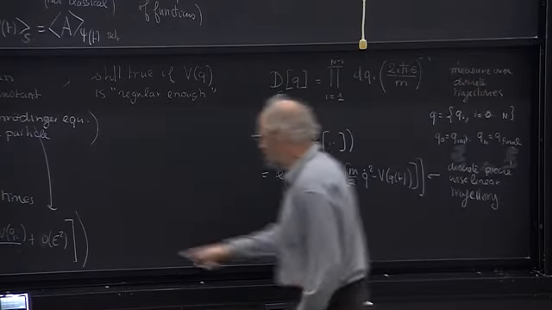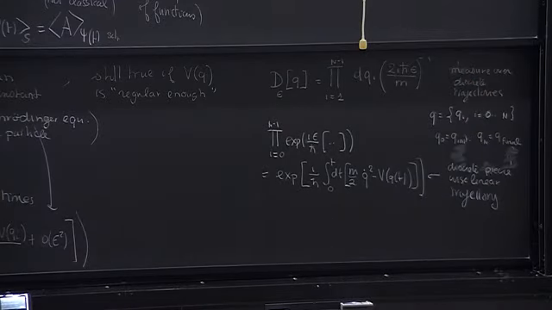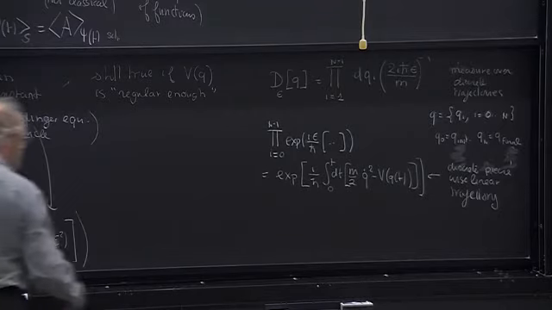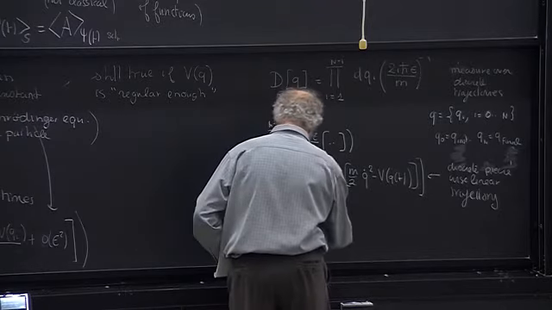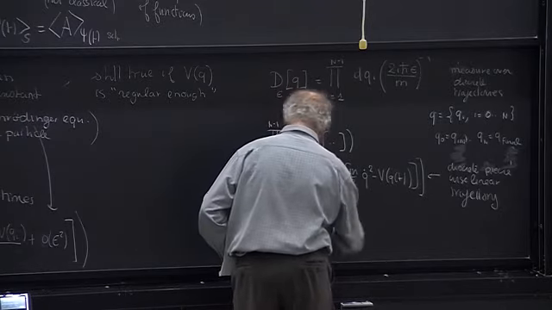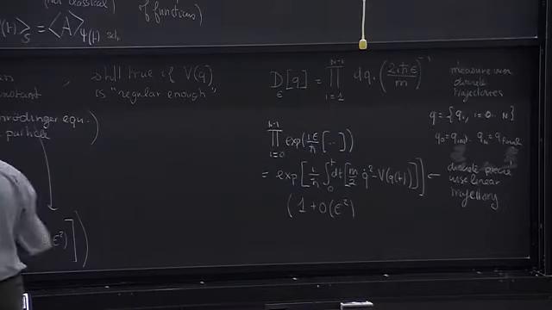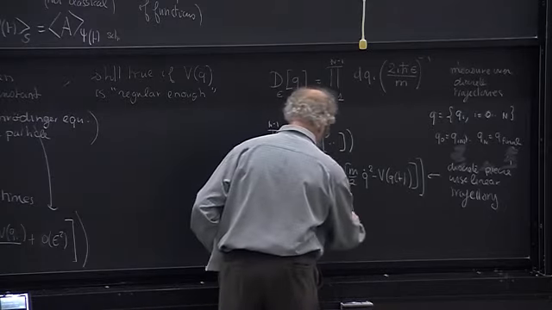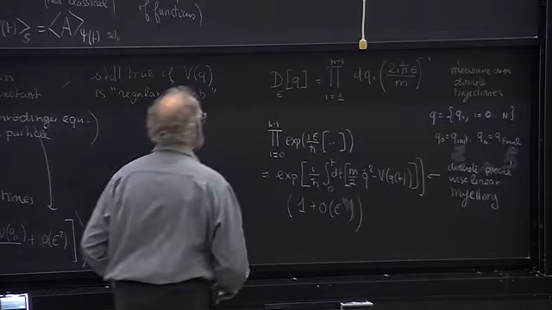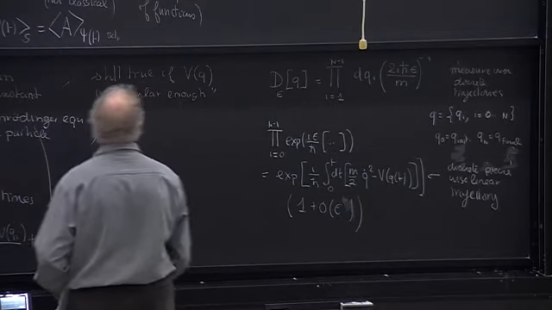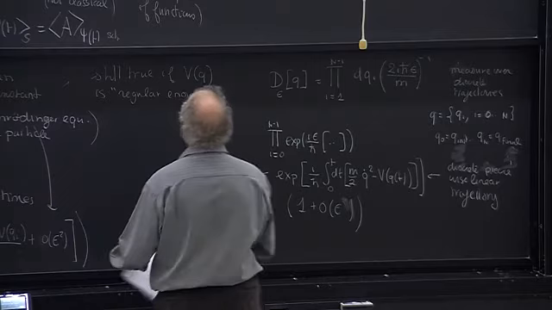Well, up to terms of order epsilon squared. And a term of order epsilon squared in the exponent gives 1 plus a term of order epsilon squared, and when you sum them, that becomes a term of order epsilon. Okay. And therefore, when you take the limit of this, you get this formula.